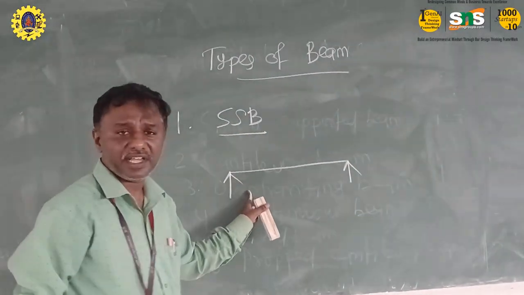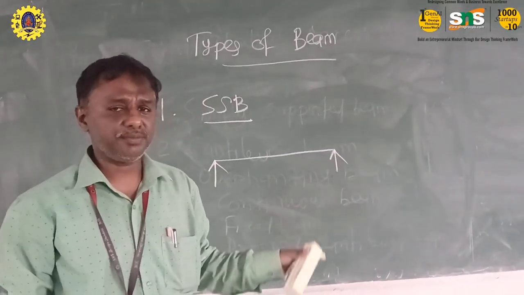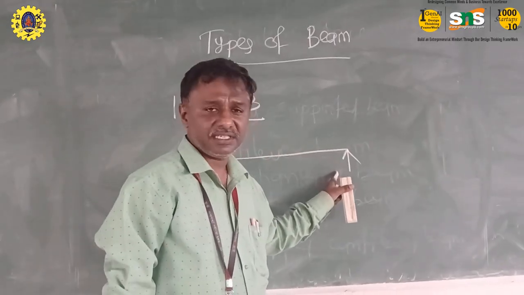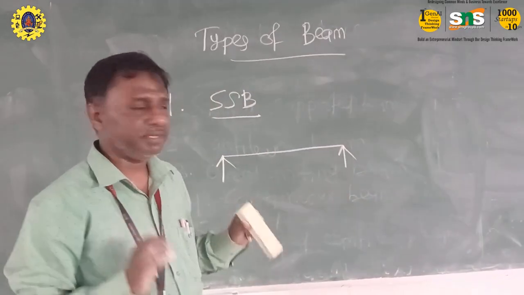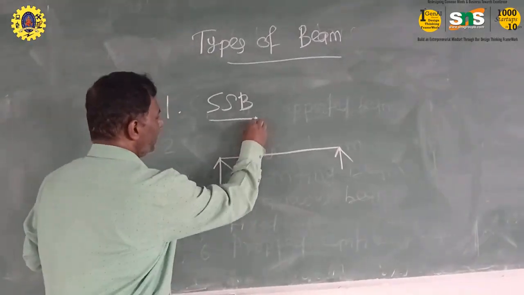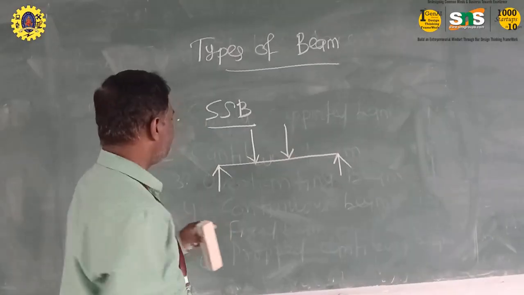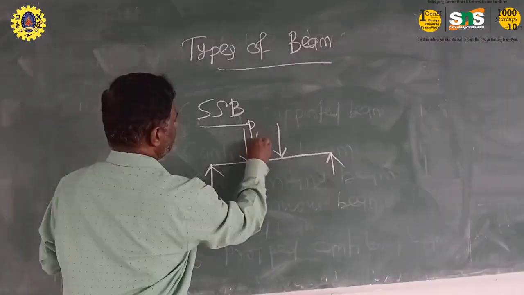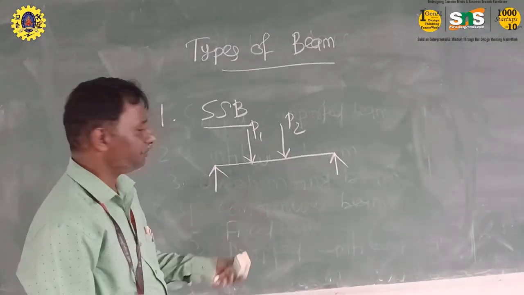So both ends, left and right extremes, are supported, one by a hinged support and the other by a hinged or roller support. Only these types of supports will be there for a simply supported beam, on which transverse loads of magnitudes P1, P2 can be applied. This is called a simply supported beam.